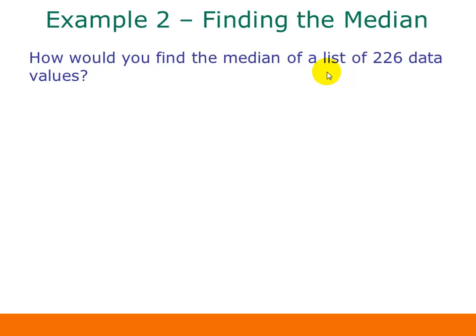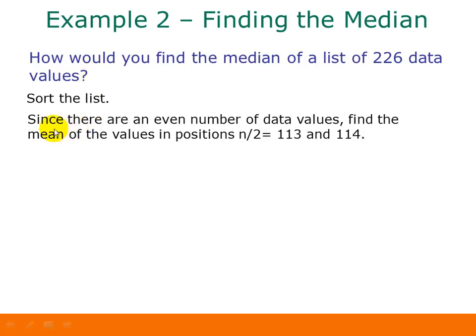As I said before, if we have a large list of data values, it's not always easy to just look at the list and pick out the middle. So let's just look at how we would find the median for a list of 226 data values. Of course, first we would have to sort the list. Now, since there are an even number of data values, we need to find the positions for the values that we're going to average.